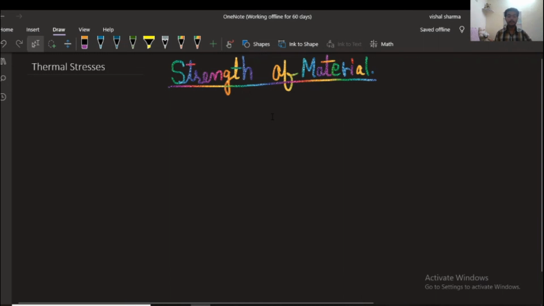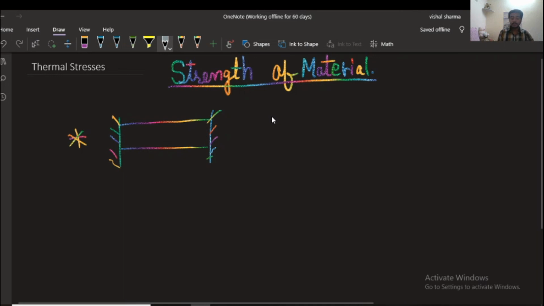So today we will cover the thermal stresses in a material, or a bar or a block, due to the change in temperature. First of all, I am taking an example of one bar which is fixed between two rigid supports.